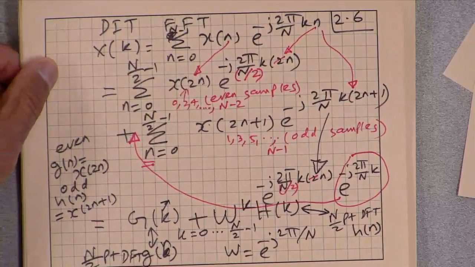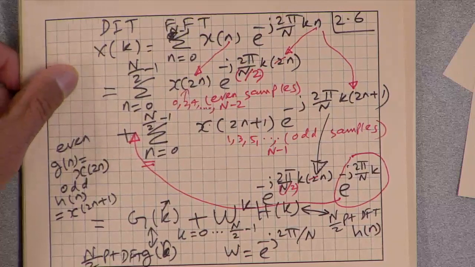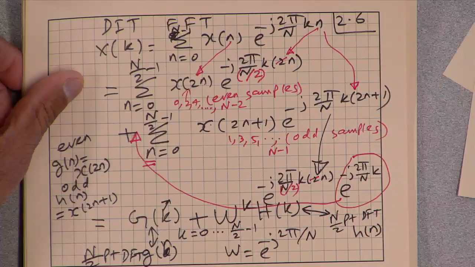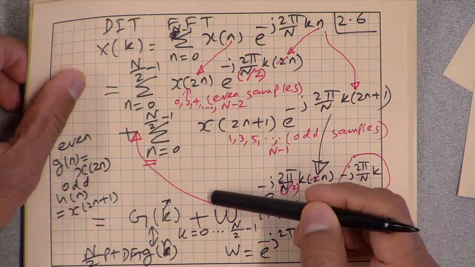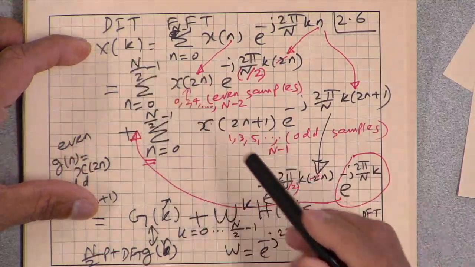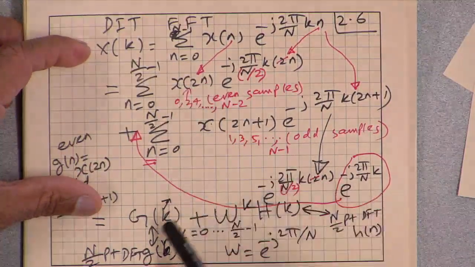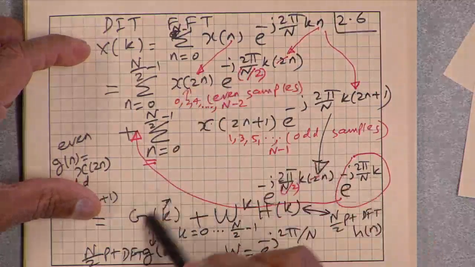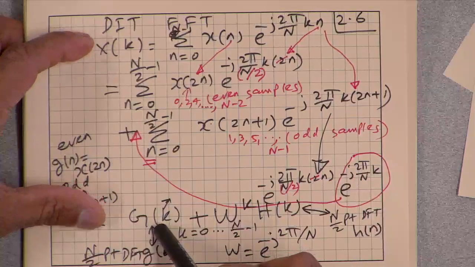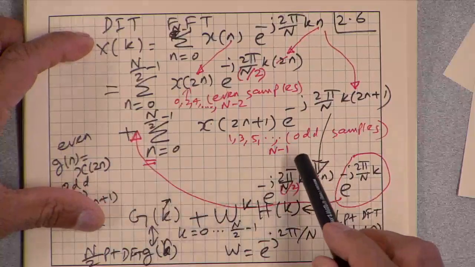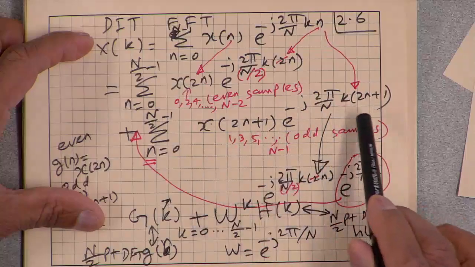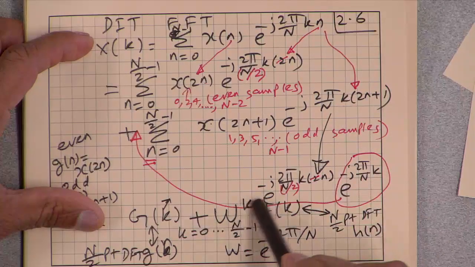We have looked at something like what we are talking about. When we tried to derive the DIT FFT, we expressed xk in terms of the n by 2 point even DFT, gk, or in this case ek, and the n by 2 point odd DFT, which was shown here.